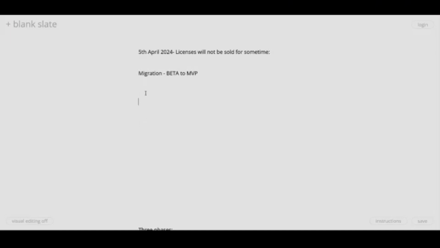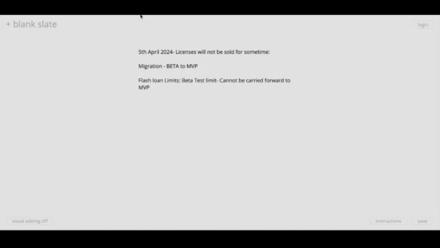Before I jump on to the phases, I would like to brief you about the flash loan limits that you have. The beta test limit that you have cannot be carried forward to MVP.